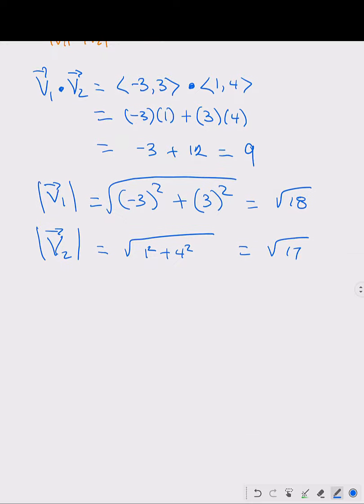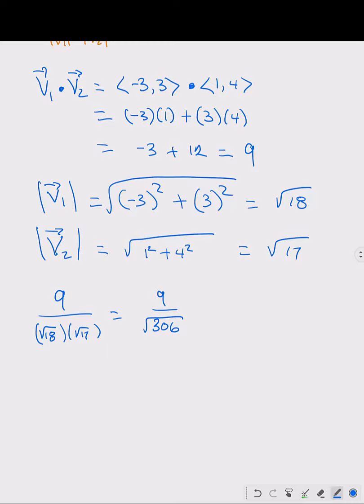Alright, so now we just put all those things together. The dot product of V1 and V2 is 9 divided by the length of V1 times the length of V2. I'm going to put parentheses to not make it confusing. That's equal to 9 over the square root of 18 times 17, which is 306, I think.